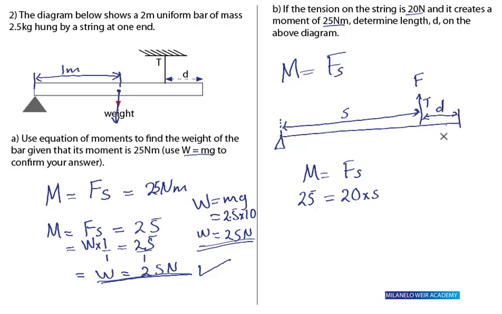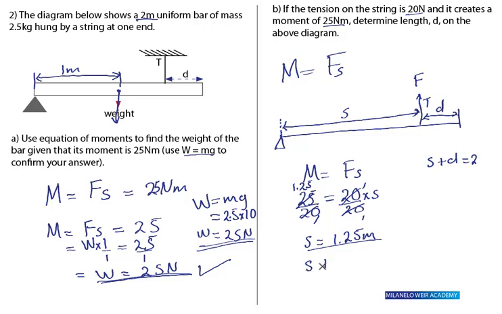We know that S plus D is equal to 2 meters, because it's given here. It's a 2 meter bar, right? And then what's next? We divide by 20 both sides. 20 into 25 is 1.25. That means S is equal to 1.25 meters.